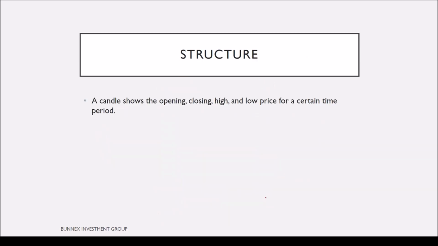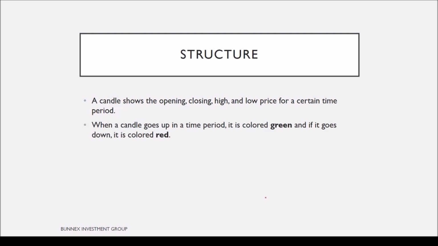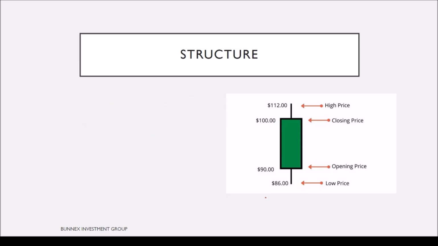So a candle shows the opening, closing, high and low price for a certain time period, as we saw in the chart above. When a candle goes up in a time period, it is colored in green, and if it goes down, it is colored in red. This is how it looks when a candle is going up.